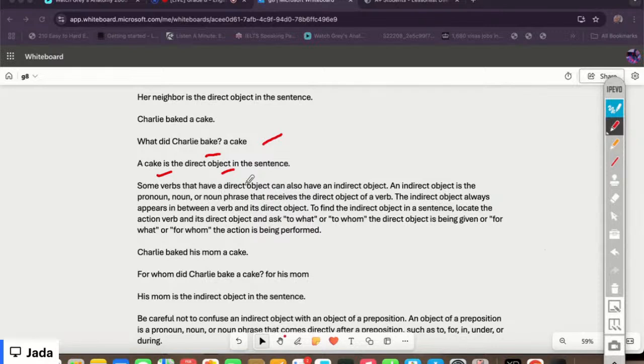Some verbs that have a direct object can also have an indirect object. Because we have the direct, we also have the indirect object. An indirect object is the pronoun, noun, or noun phrase that receives the direct object of a verb.